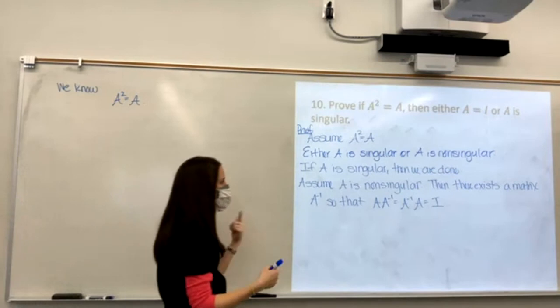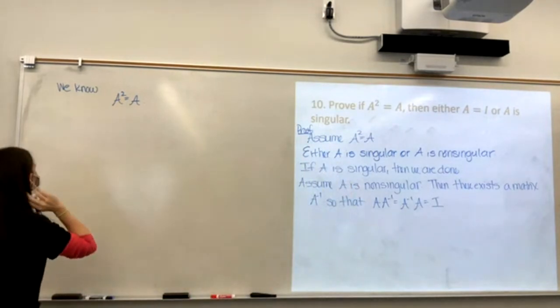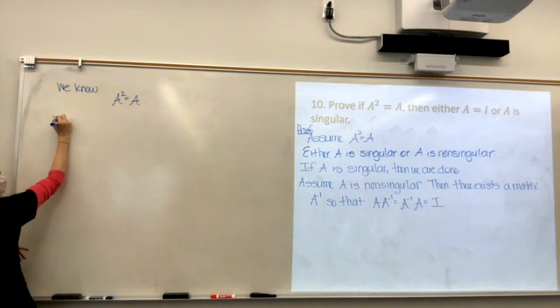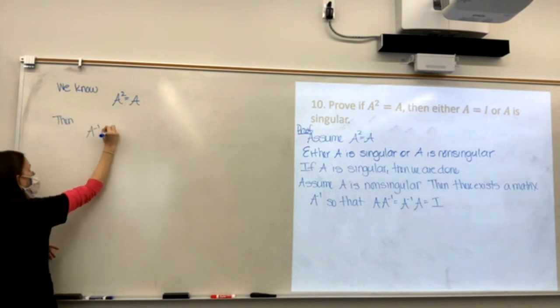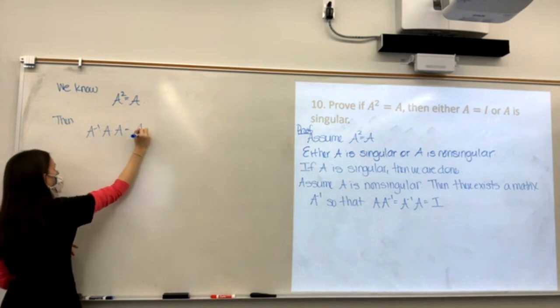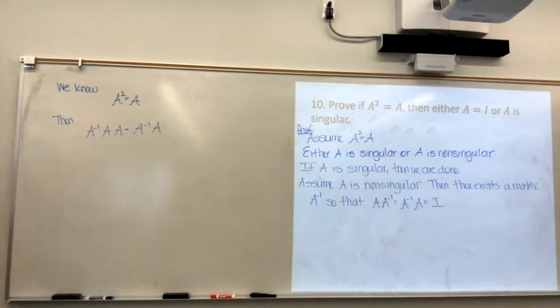I want to get an A inverse in the mix. So I'm going to multiply both sides by A inverse. Multiply both sides by A inverse.